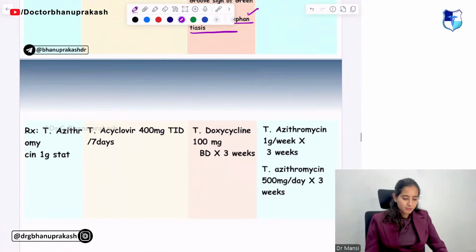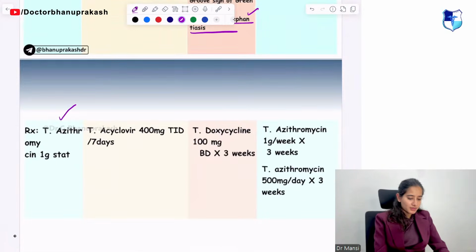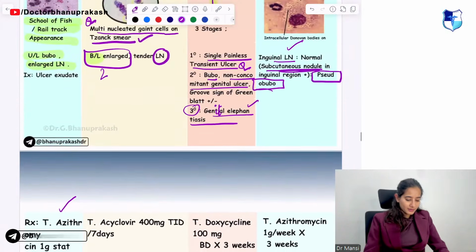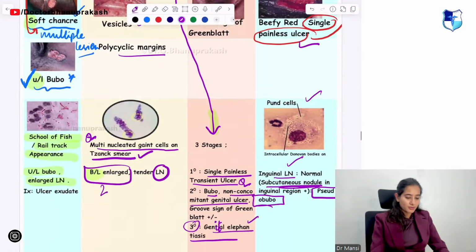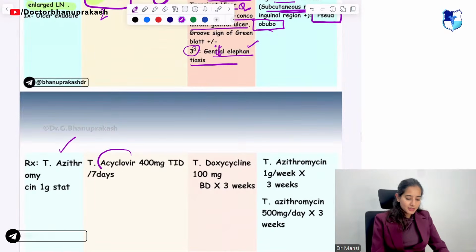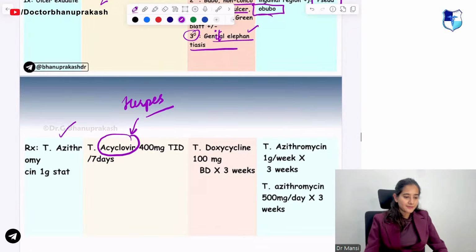Okay. So for treatment, you give azithromycin, 1 gram stat, for your chancroid. So air conditioner, AC, chancroid, you give azithromycin stat. Acyclovir, I believe, for herpes, all of you know that acyclovir is the treatment of choice. Yeah, that is correct, but that is more appropriately read in microbiology.